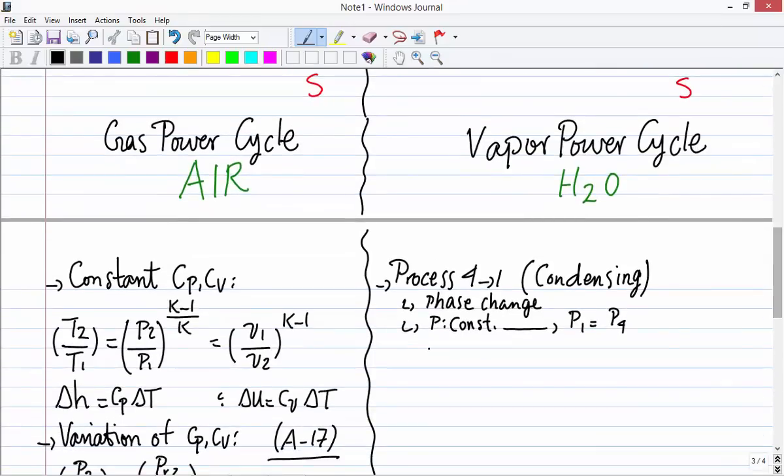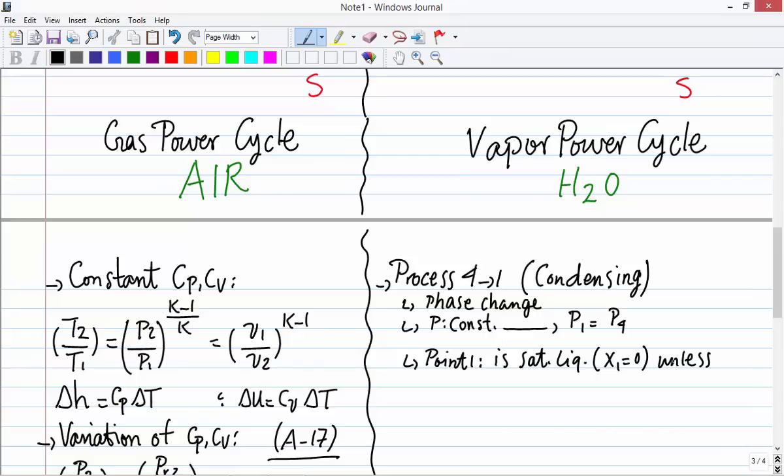So let's say point 1 is a saturated liquid, therefore x1 equals 0, unless the question tells you that it's subcooled.